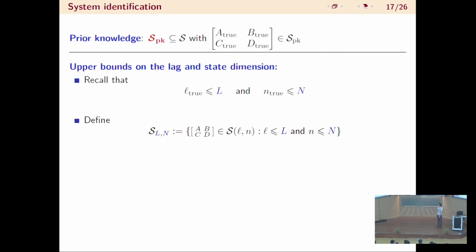It indeed has lag less than L, state space dimension less than N. But in addition to that, of course, we have the prior knowledge that our true system is both controllable and observable, which means that this set SPK is exactly the intersection of minimal systems, both controllable and observable systems, and the set SLN of systems with lag less than L, state space dimension less than N.